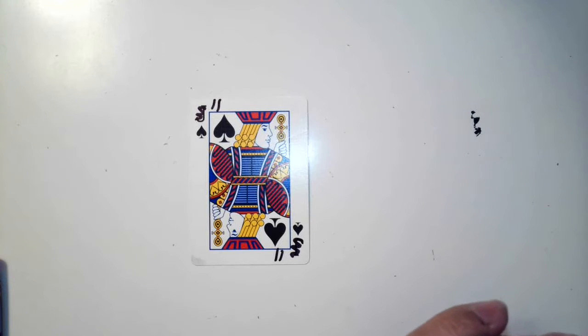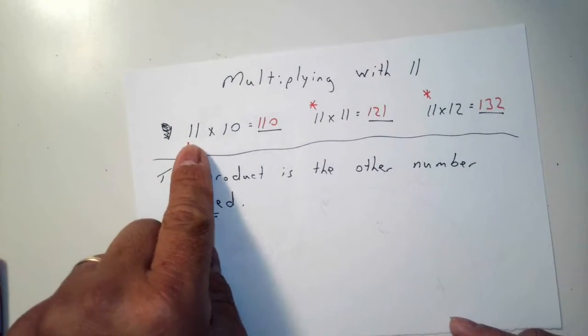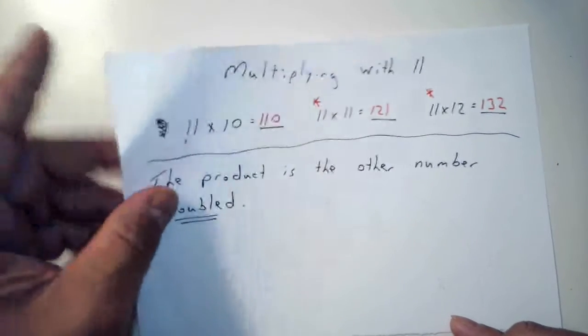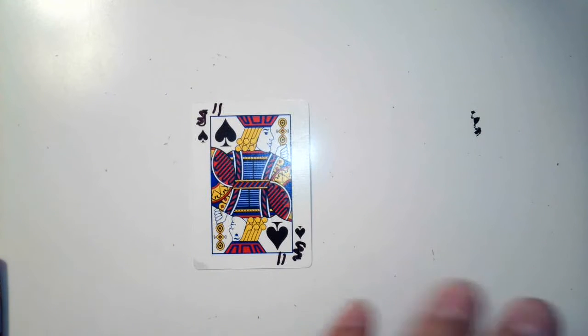Remember, all of these are doubled. There's only 3 of them that you really have to be on the lookout for. 11 times 10, that's 110, because it's 11 with the 0 at the end. And then the 2 that you memorized, 11 times 11, 121, and 11 times 12, 132.